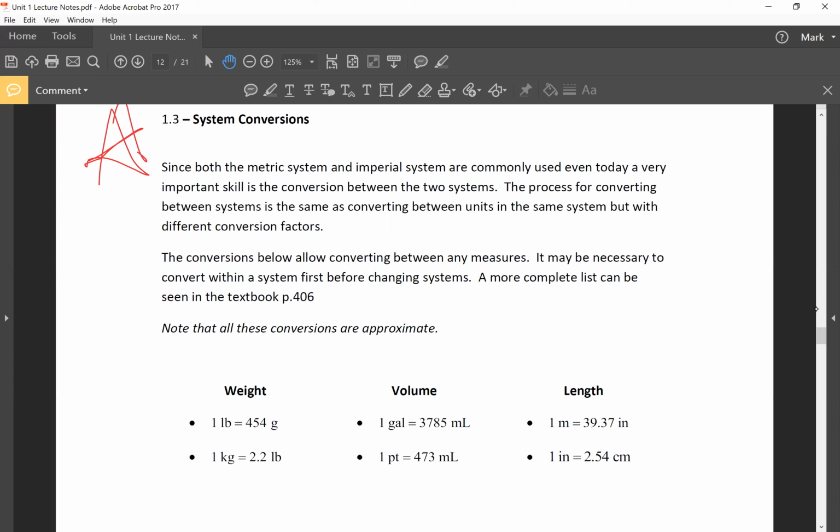This is important because the metric system and imperial system are commonly used in combination. You go to the UK, driving around Scotland or England, and these countries are metric, just like Canada, but the speed limit is in miles per hour.